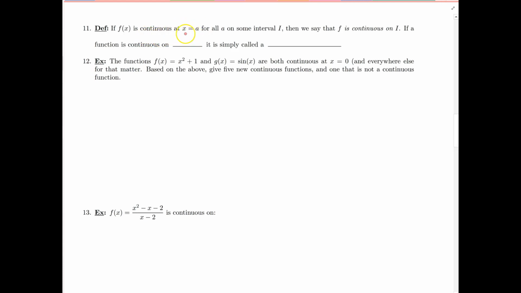What does it mean to be continuous at a? And we're extending it to something larger. In this case, saying what does it mean to be continuous on an interval? Specifically, if f is continuous on the interval from minus infinity to infinity, that means take any value a on the number line, and if f is continuous there, then we're just going to call that function a continuous function.